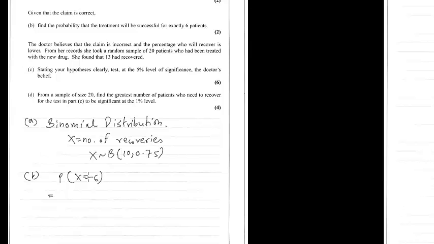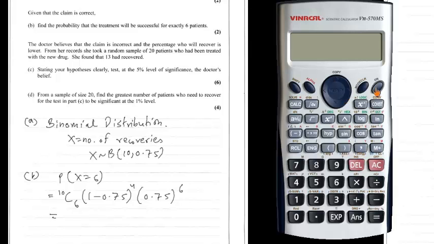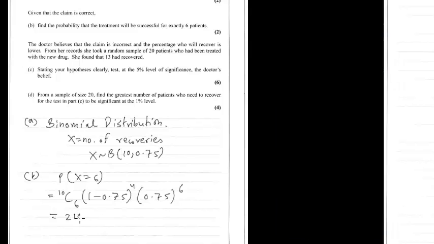So the formula is nCa, so this 6 is a, so n is 10, C 6, then 1 minus p is 0.25 to the power n minus a, which is 4, times p, 0.75, to the power 6. So let's calculate this. This is going to be 10 C 6, which is 210.